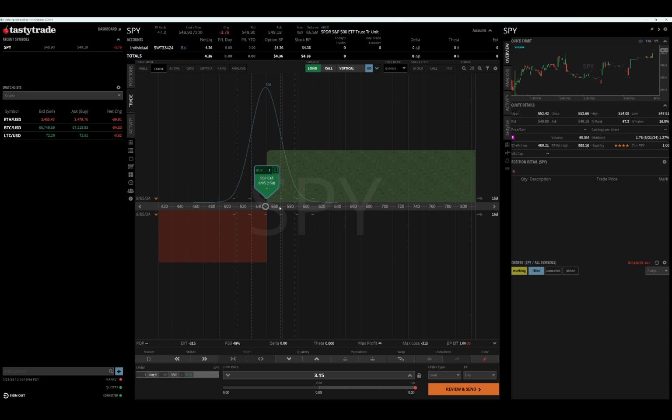If the stock itself moves up, say to 580, that's a difference of $30 in the stock value, right?